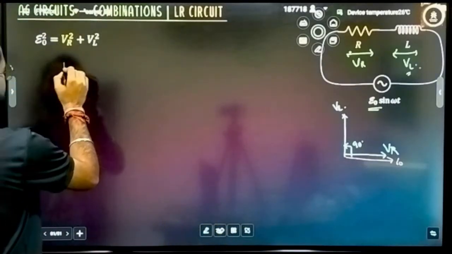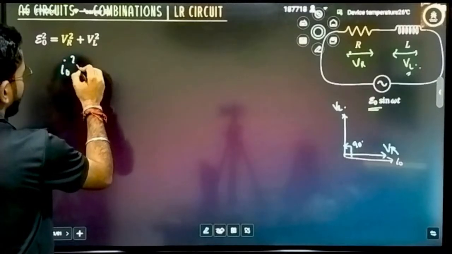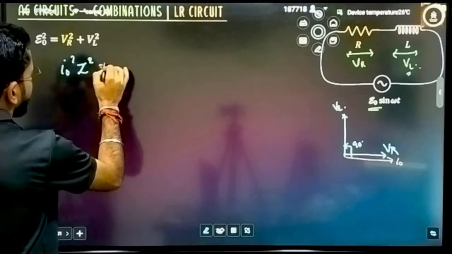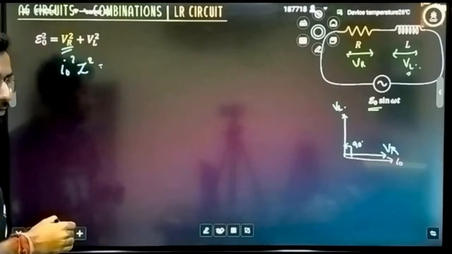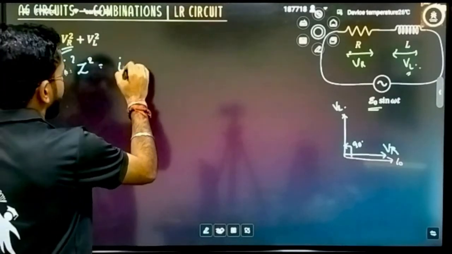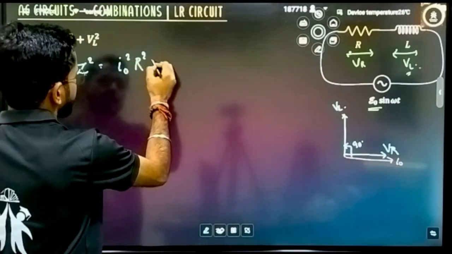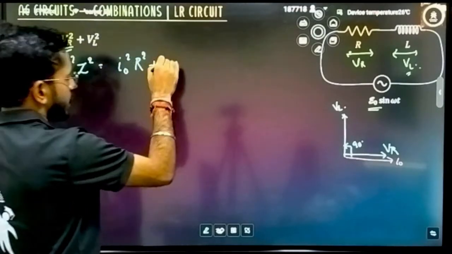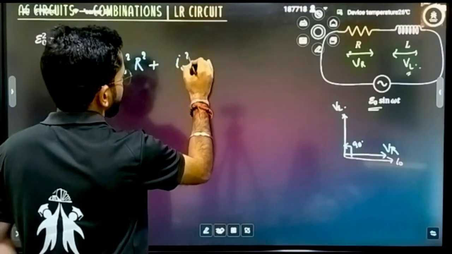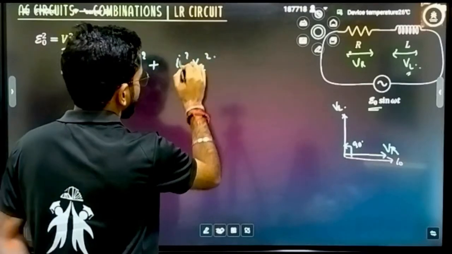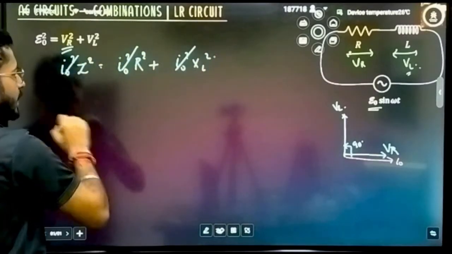E naught square will be I naught square into Z square. It is equal to, how will you write the potential difference across the resistor? I naught square into R square, plus the potential difference across the inductor, I naught square into XL square. I naught square cancels.